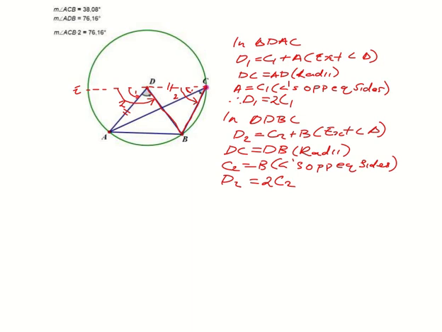So the angle at the center is D2 minus D1, which is equal to, remember D2 is twice C2, minus D1, which is twice C1.